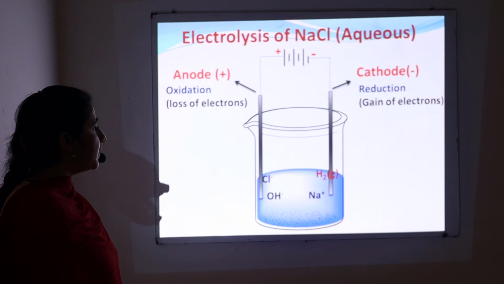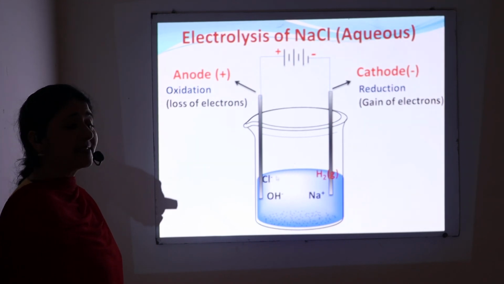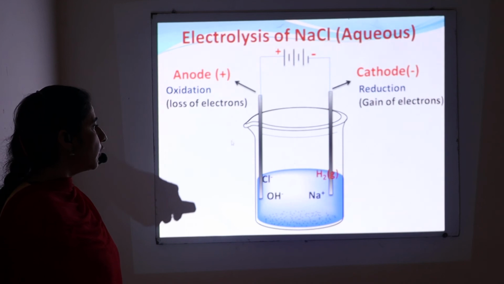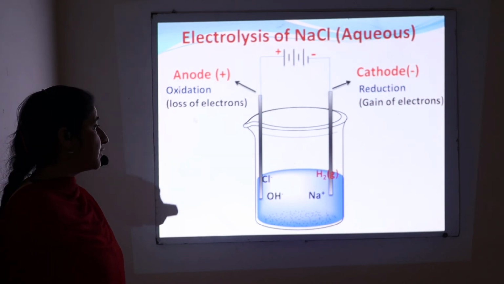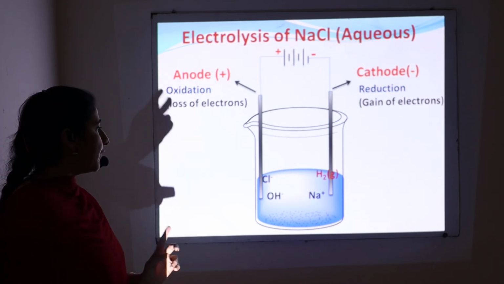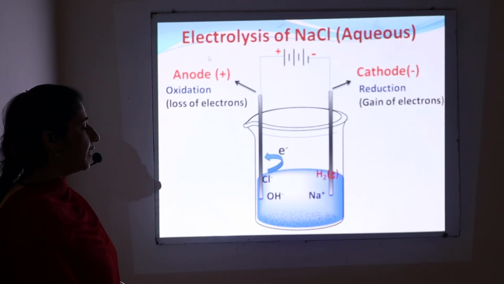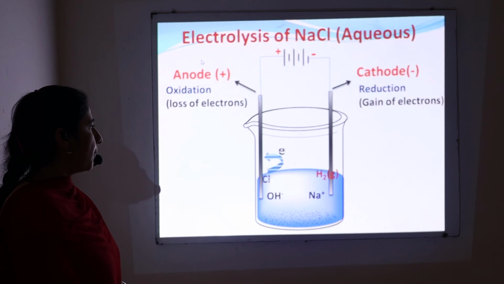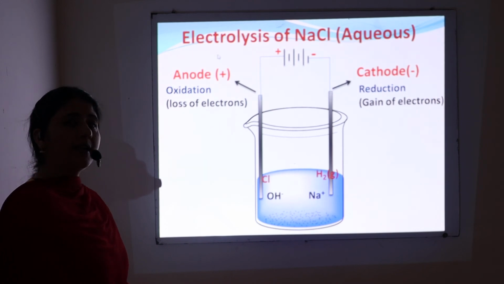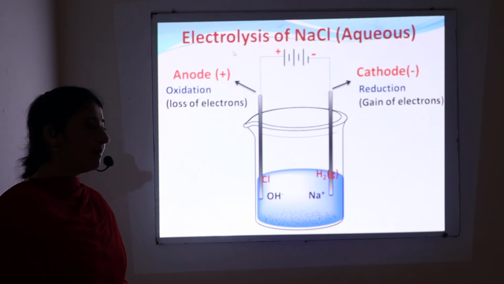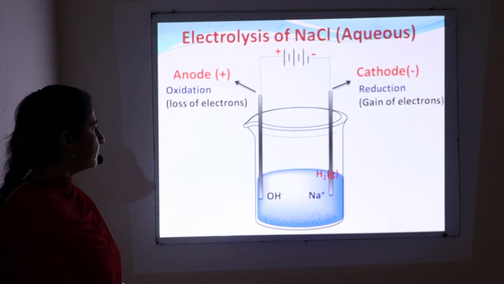Out of these two, only the chloride ion has a greater tendency to get oxidized, not the hydroxyl ion. The hydroxyl ion remains in the solution. The chloride ion loses electron to form a chlorine atom. Again, the chlorine atom is unstable, so it combines with another chlorine atom to form a stable chlorine molecule.